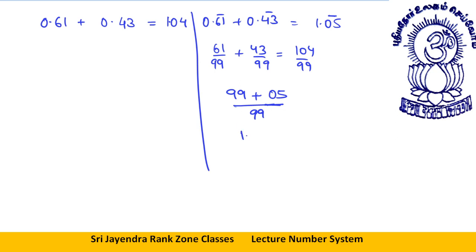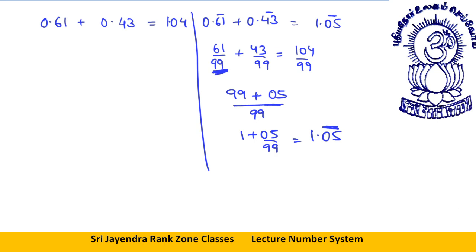So this becomes 1 plus 05 by 99, and since there are two nines in the denominator, the 05 takes two digits, so it becomes 1.05 bar. Now it has to cross 99. 61 plus 43 is 104. When 104 crosses 99 it becomes 5 extra, so I write 1.05 bar. Clear? I hope it must be clear to all of you.